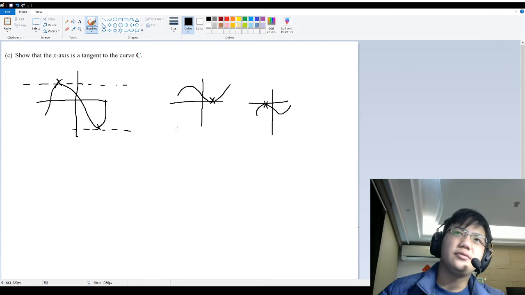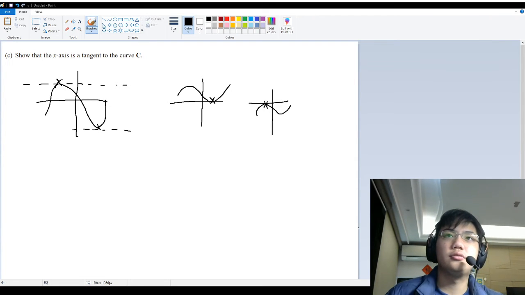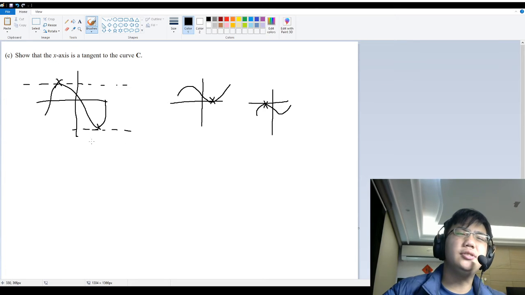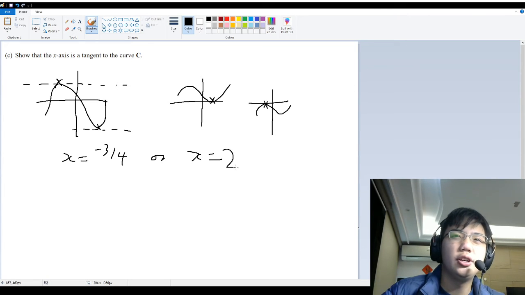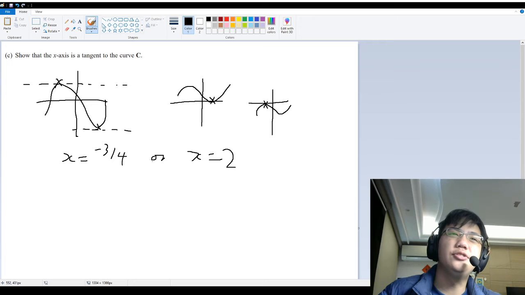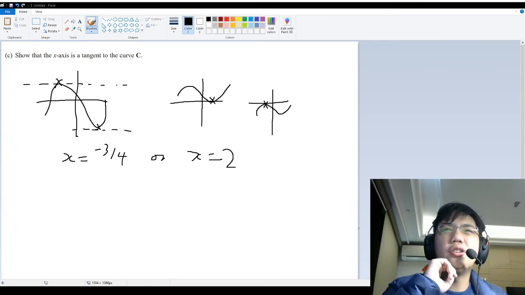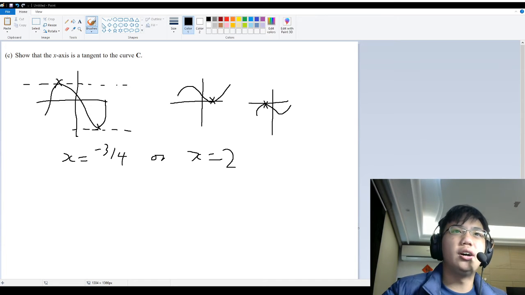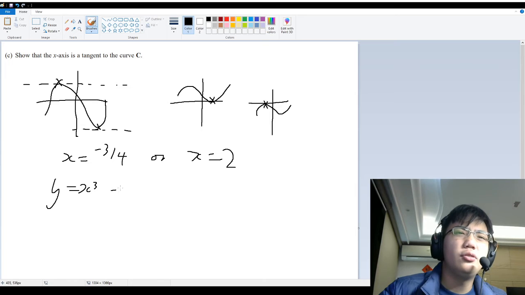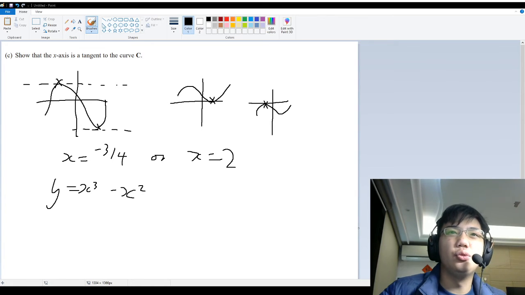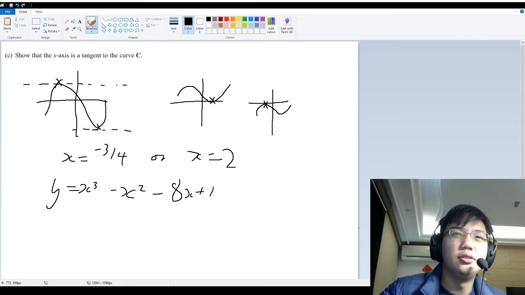To solve this, we must substitute the two turning points, which are x equals -3/4 and x equals 2 from the previous question, into the equation of the graph. So the equation of the graph is y equals x cubed minus x squared minus 8x plus 12. So you substitute both of these x values into this.